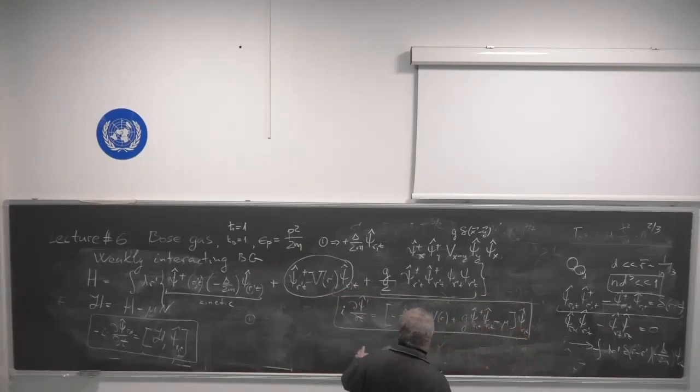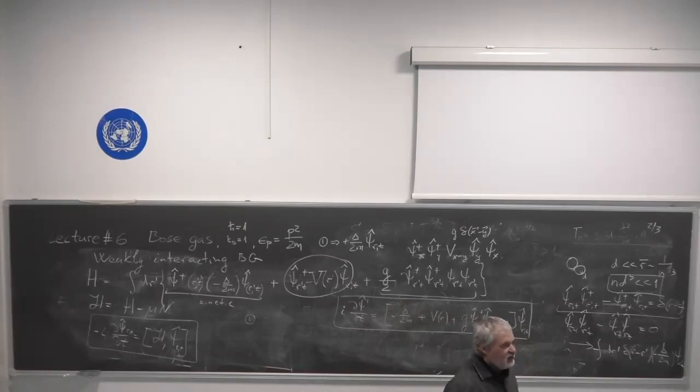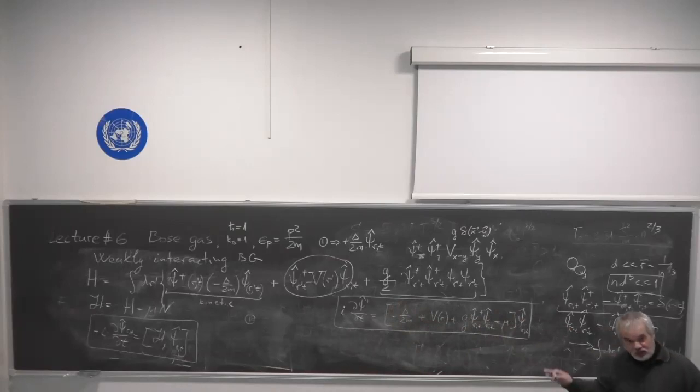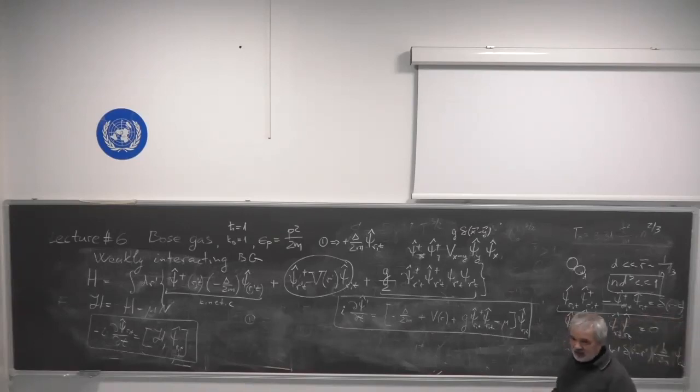We see that this equation of motion is very similar to the Schrödinger equation for the wave function, for a time-dependent wave function. However, we have here an operator, not a wave function. But the difference between this equation and the single particle equation is that this equation is non-linear. We know that quantum mechanics is a pretty linear science because we have a superposition principle.